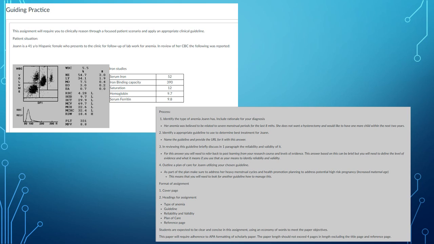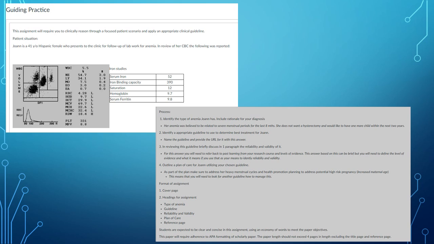So this is put in there because when you start reading the guidelines and you start reading the elements related to them, there's going to be a little controversy here on what would be the best care for her. Identify an appropriate guideline to use to determine her treatment for Joanna. Name the guideline and then give the URL for it. Then we look over that guideline, and in about a paragraph, look at what the reliability and validity of it is.